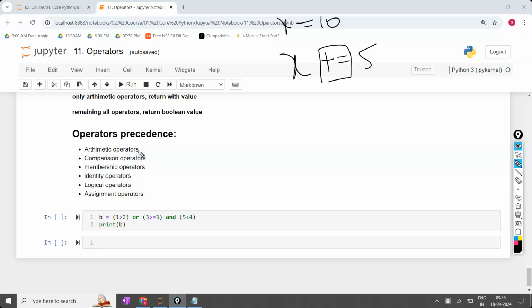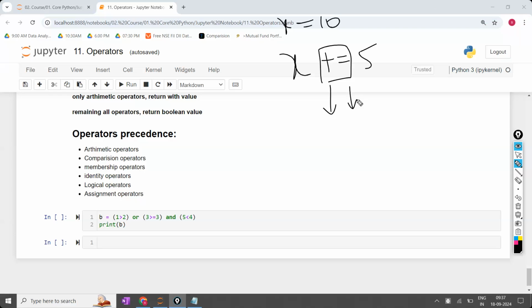First arithmetic, followed by comparison, followed by membership, followed by identity, followed by logical, followed by assignment. Now in this case, one is arithmetic, one is assignment. Comparison is not there, logical is not there, only these two are there. And out of these two, plus has to be given priority. So first it will complete the plus. After completing the plus, finally equal to.